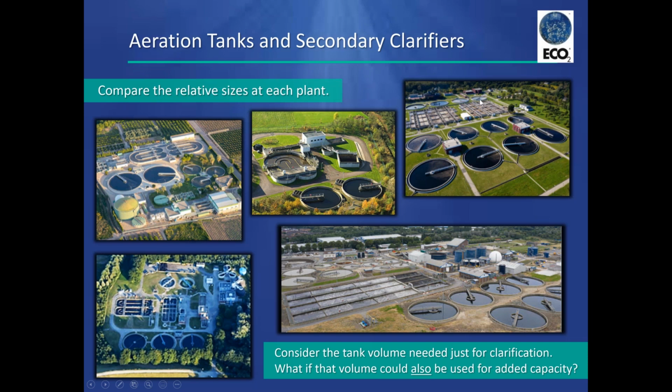So we look at the size of the aeration tanks, and we see here the size of the clarifiers. And the point that I want to point out here is these secondary clarifiers are in the general range of the size of the aeration tanks. So we say to ourselves, why do we have aeration tanks in the first place?